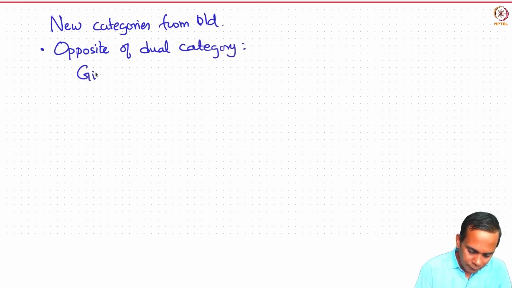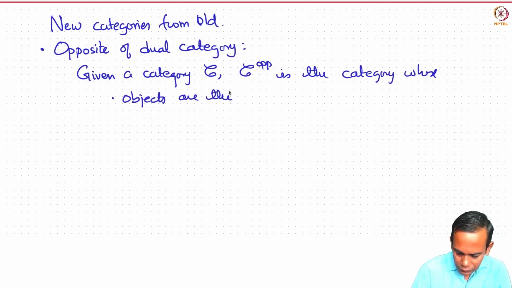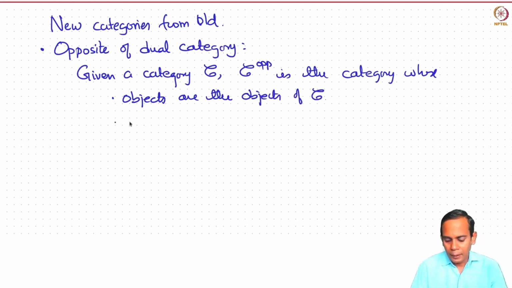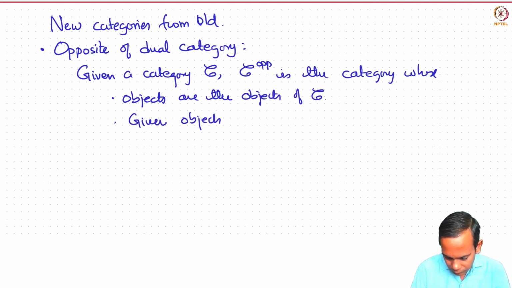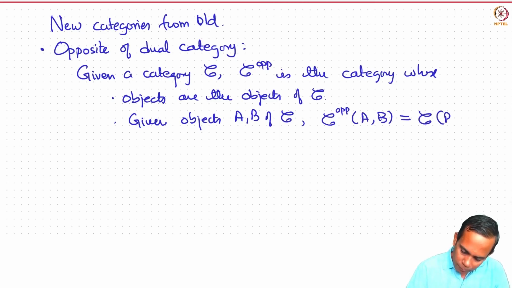So given a category C, C op is the category whose objects are the objects of C. And given objects A and B, which are also objects of C op, the arrows from A to B in C op are declared to be the arrows from B to A in C.